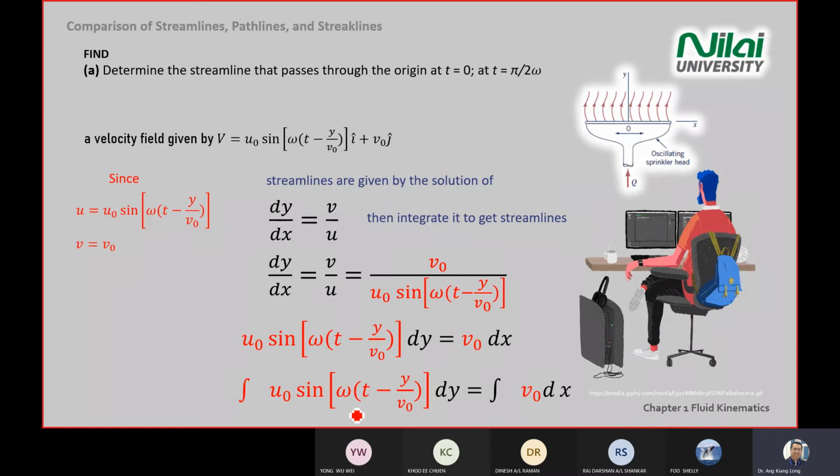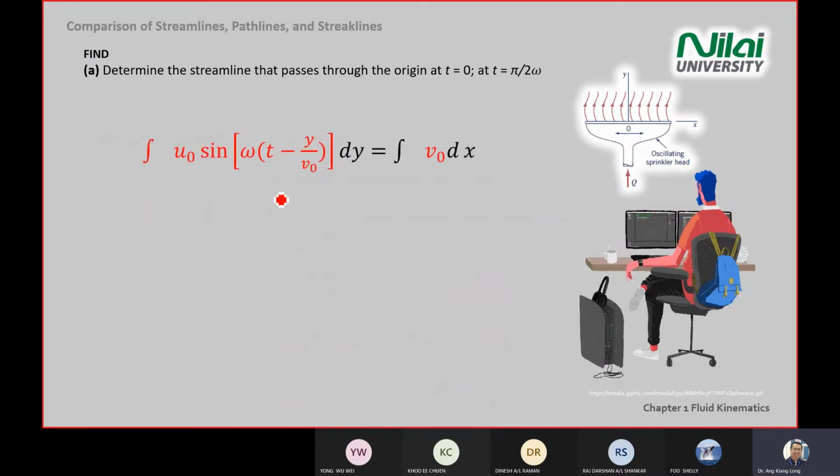How to integrate this one, you need to flip your advanced mathematics or your calculus textbook. When you integrate sine something, what you get? Okay, you need to go and look back on your calculus skill or integration skill.